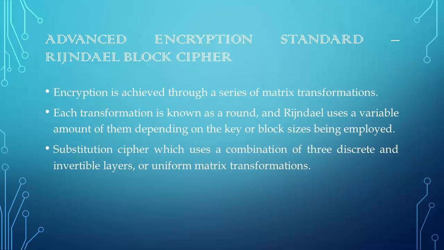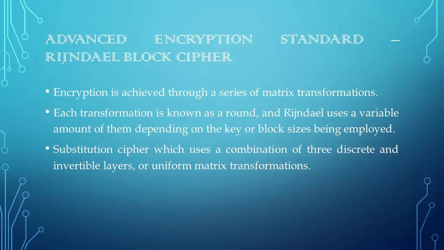So how does the Rijndael cipher work? Encryption under Rijndael is achieved through a series of matrix transformations. Each round uses a variable amount depending on the key or block size being used. As before, 10 rounds are usually used for a key or block size of 128 bits, 12 rounds for 192 bits, and 14 rounds for 256 bits.